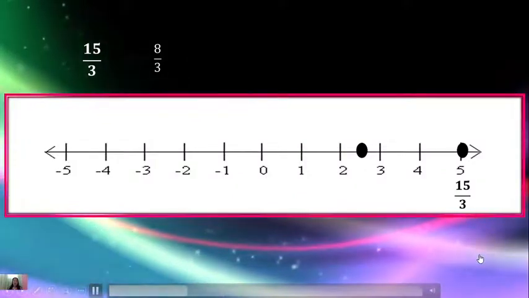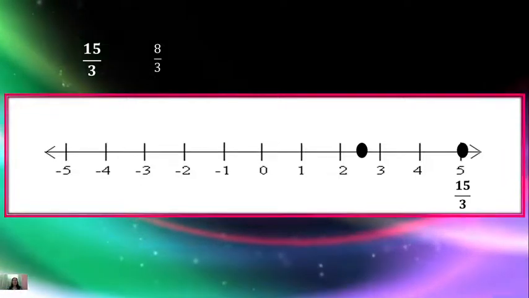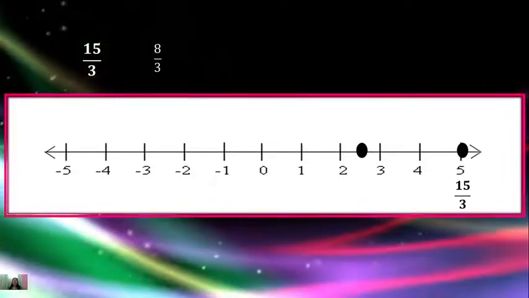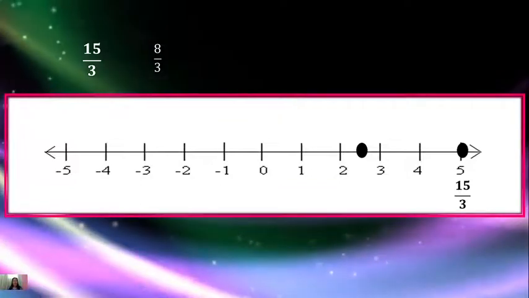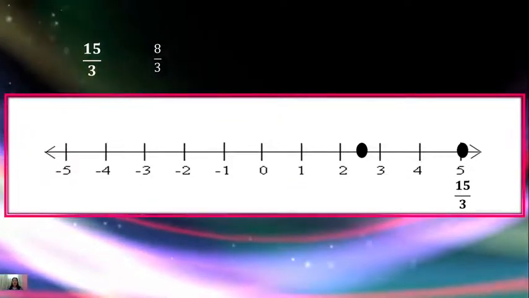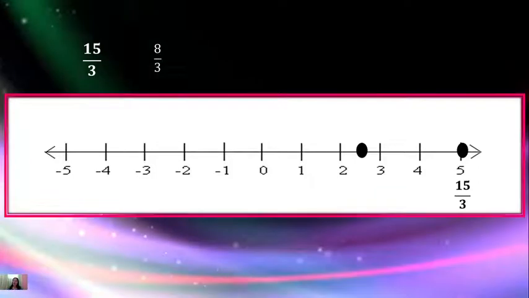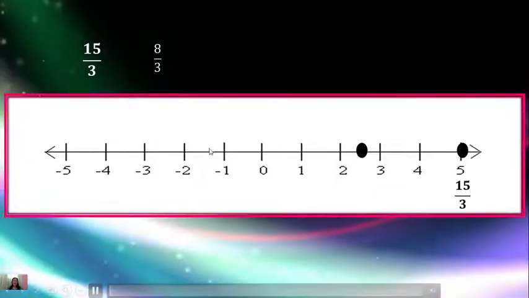That is why I show you the number line, so you can see how to order or arrange in increasing or decreasing order. For increasing, start with the numbers on the left of the number line. For decreasing, of course, start from the right, going to the left. There is 8 over 3, or what we call 2.66 repeating decimal.